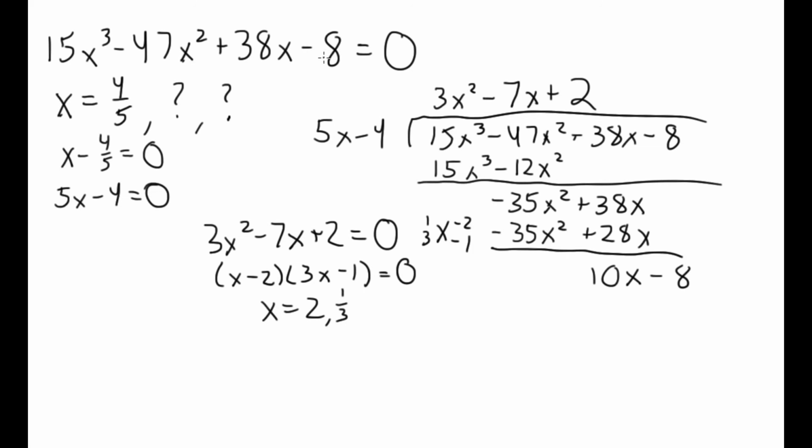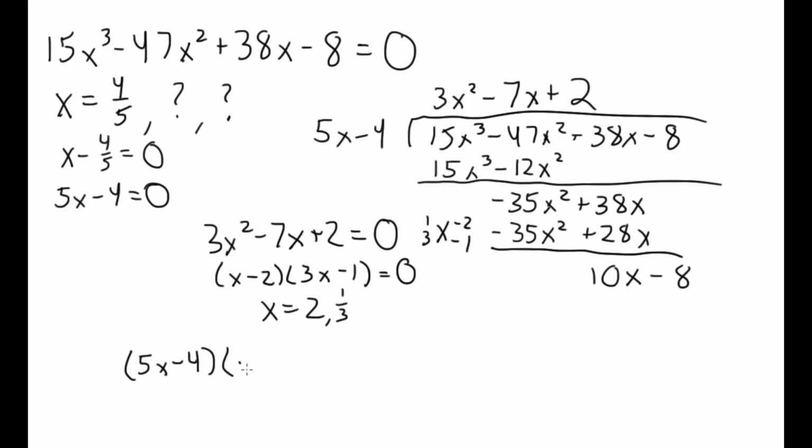Now let's just do one other thing with this problem, just so you see how, instead of just getting the roots, we actually put the whole equation in root form. So here we have 5x minus 4. That's one term we created out of the 4/5 root.